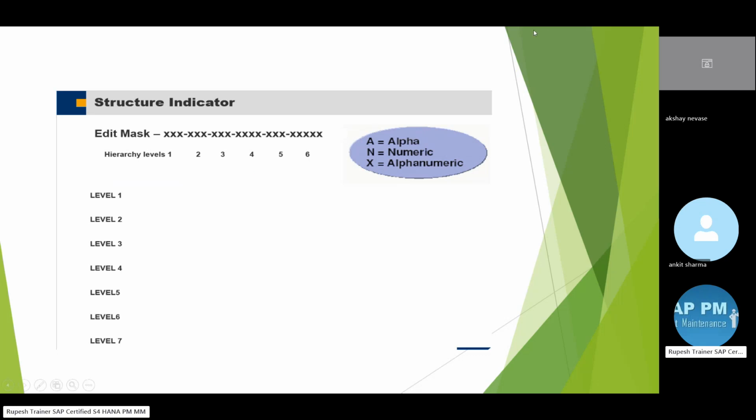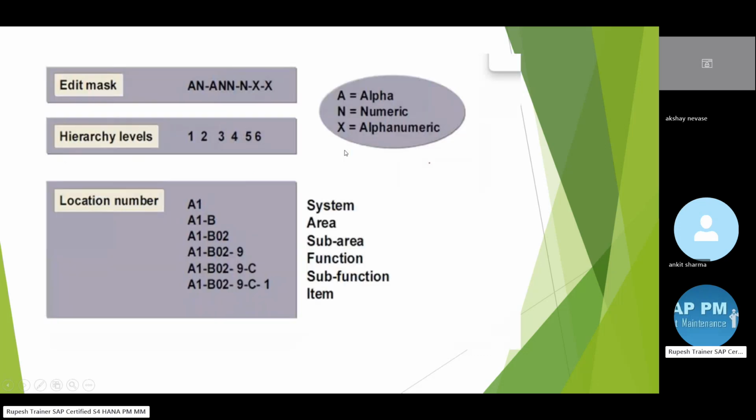So these are the three we are going, actually four: A, N, X, and special characters. One is there. This is called edit mask. A and X is called edit mask. This is the hierarchy level 1, 2, 3, 4, 5, 6. These are the hierarchy levels. First hierarchy, one example: system.